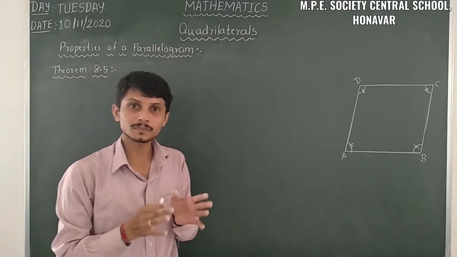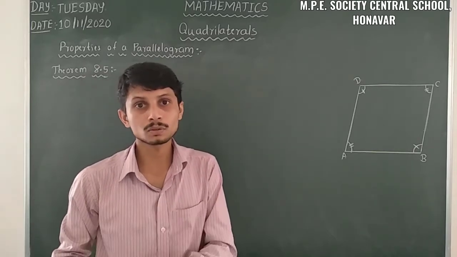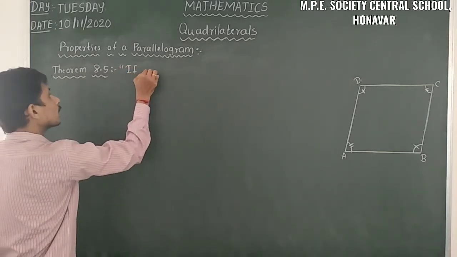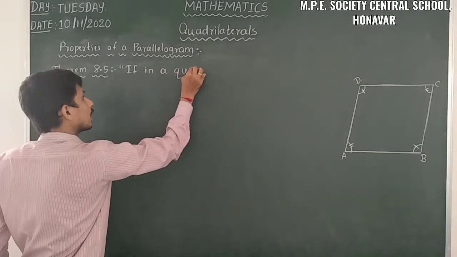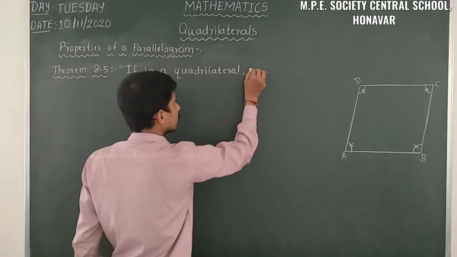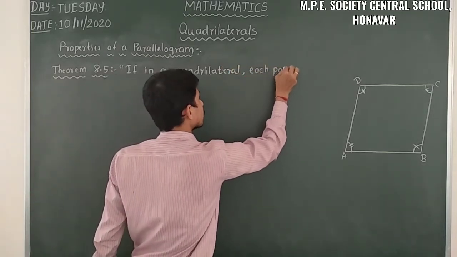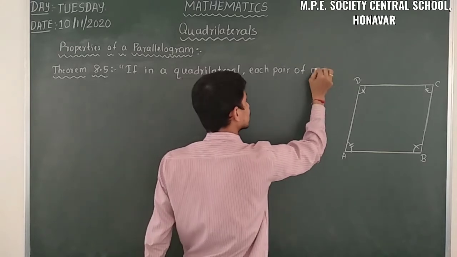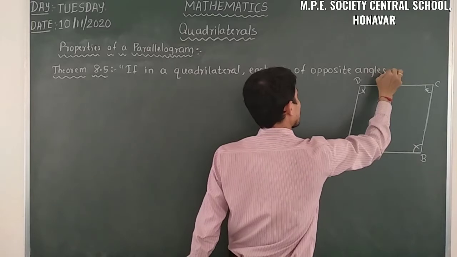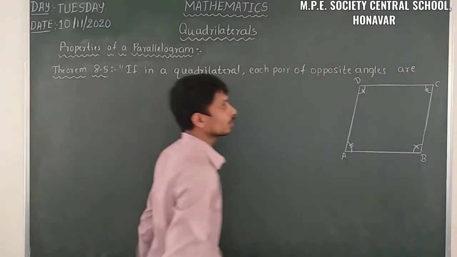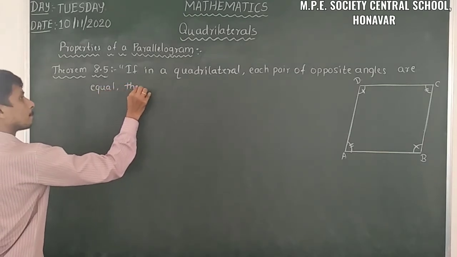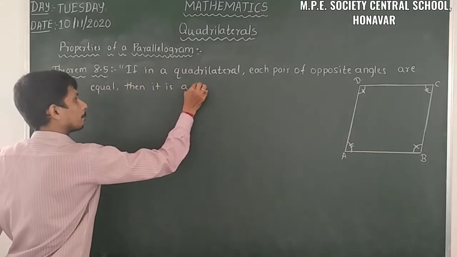If in a quadrilateral each pair of opposite angles are equal, then it is a parallelogram.